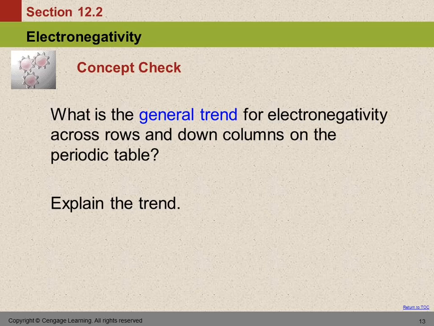So what's the general trend for electronegativity across rows and down columns? Okay, so I don't think it's helpful to remember across was up and down was down or something like that. You look at the periodic table, fluorine. As I go across, am I getting closer to fluorine or further away? I'm getting closer, so electronegativity increases across rows.